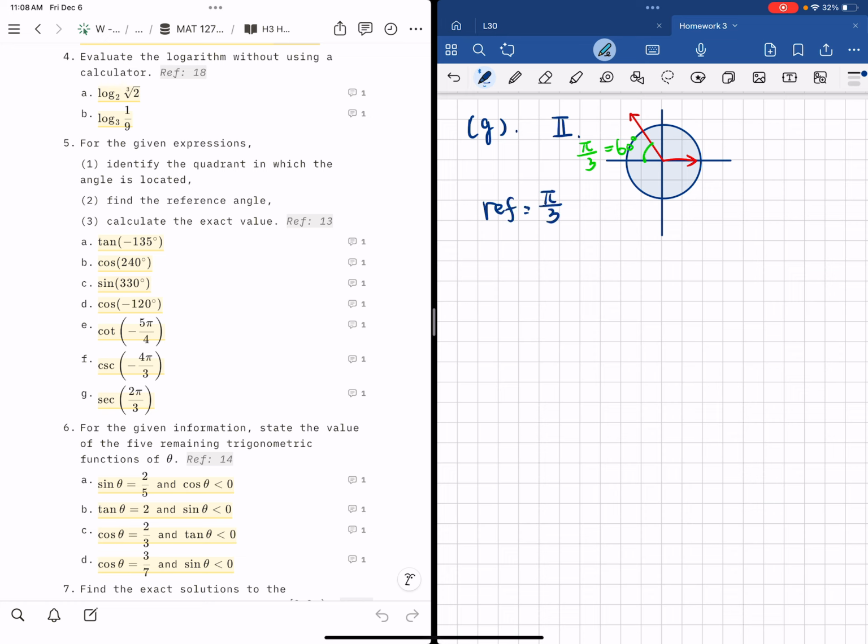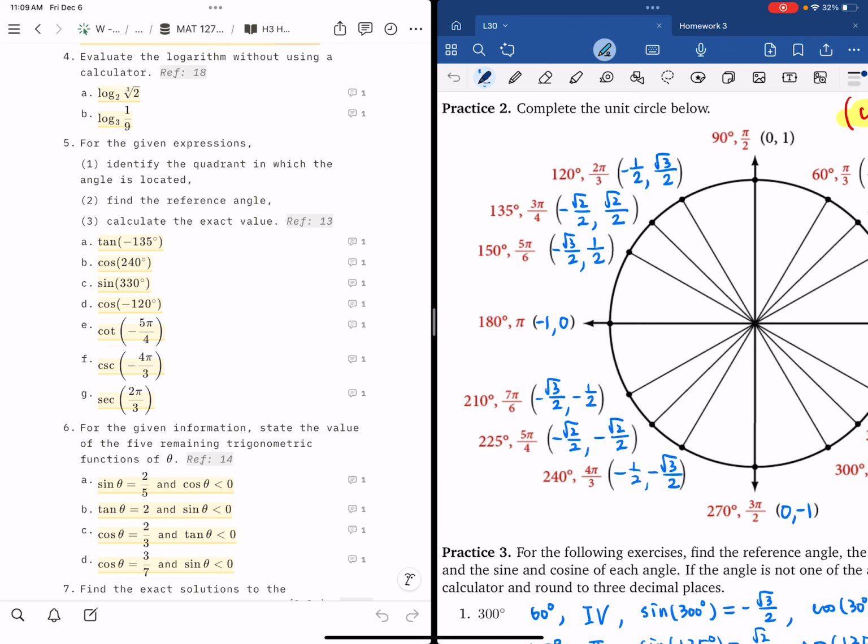The exact value, we're looking at secant of 2 pi over 3. Secant, by the reciprocal identity, is 1 over cosine. So you look at your unit circle. For 2 pi over 3, the x-coordinate is negative 1/2.